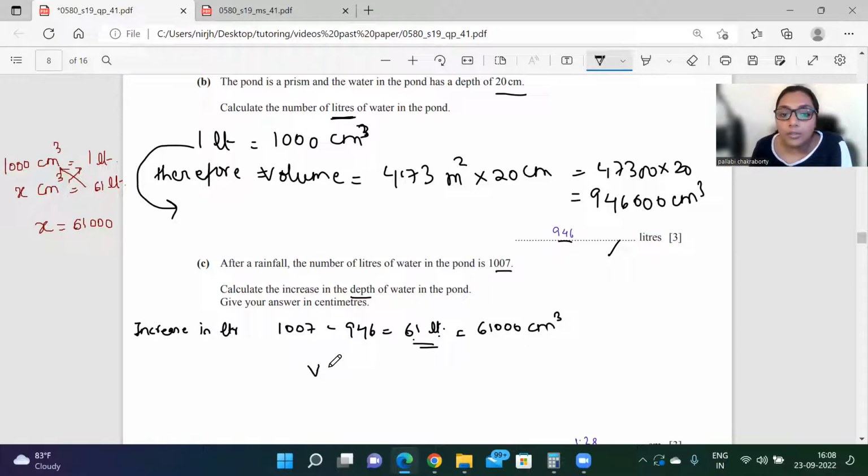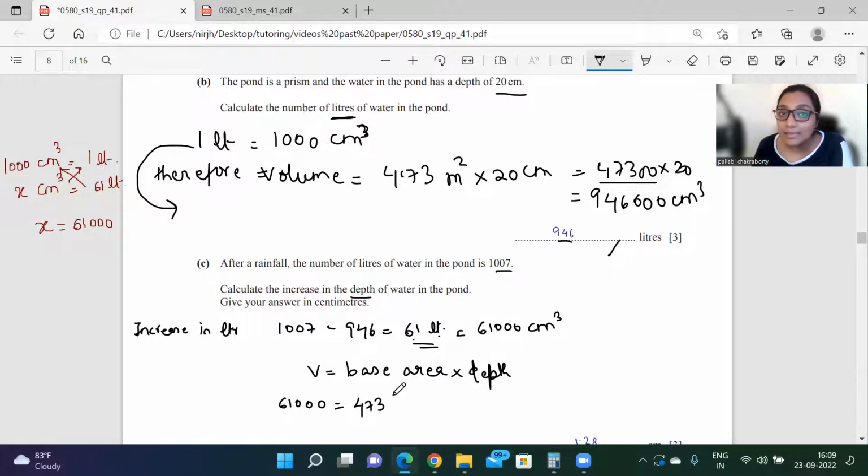Volume is equal to the base area, which we have already, times the depth, right? That's how you will get the volume. And we have to calculate the depth. So let's write down 61,000, which is your volume, is equal to the base area. So the base area was 47300.